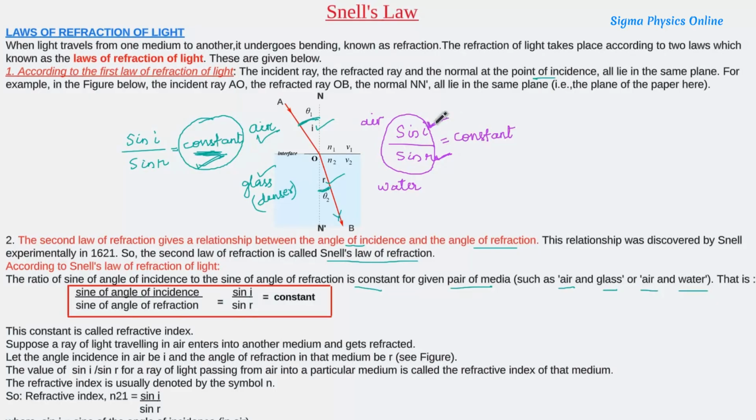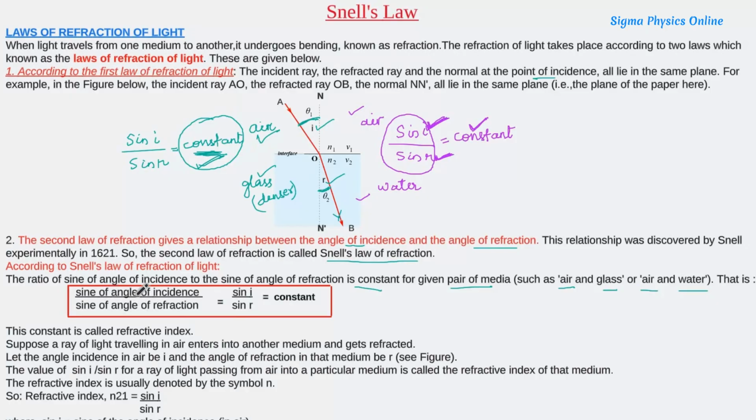But if we divide the sine of this angle of incidence by the sine of the corresponding angle of refraction, that will always give us one single value only. And this constant is known as the refractive index of the second medium with respect to the first medium. So this is the explanation of Snell's law.